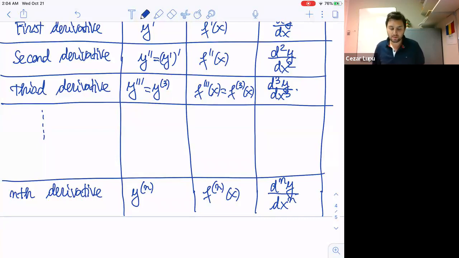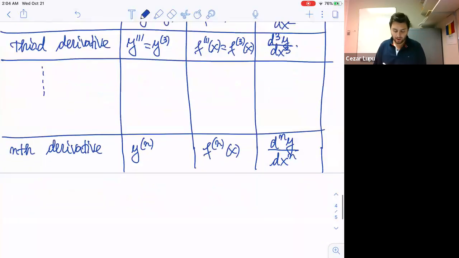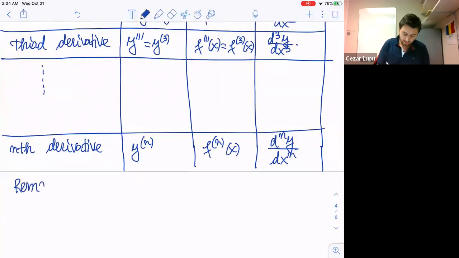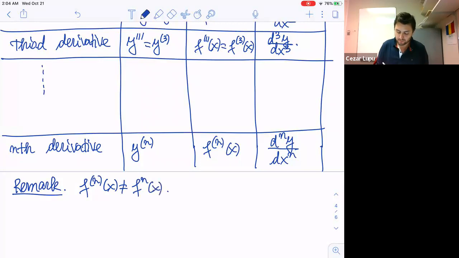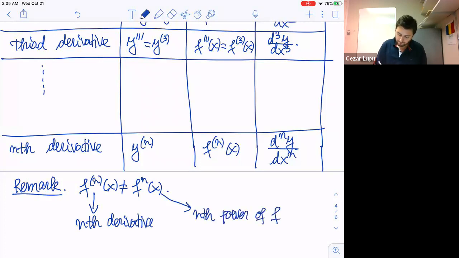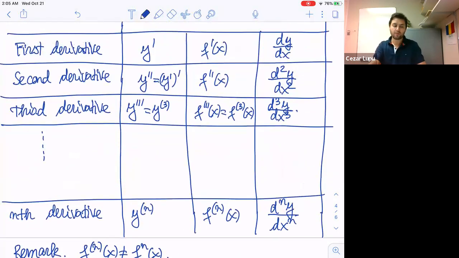And please keep in mind this remark, because I don't want you to mix the two. The nth derivative of a function is not the same as the nth power of a function. So this is the nth derivative, and this is the nth power of f. They're not the same. Keep that in mind. All right, so this is the story with higher order derivatives.